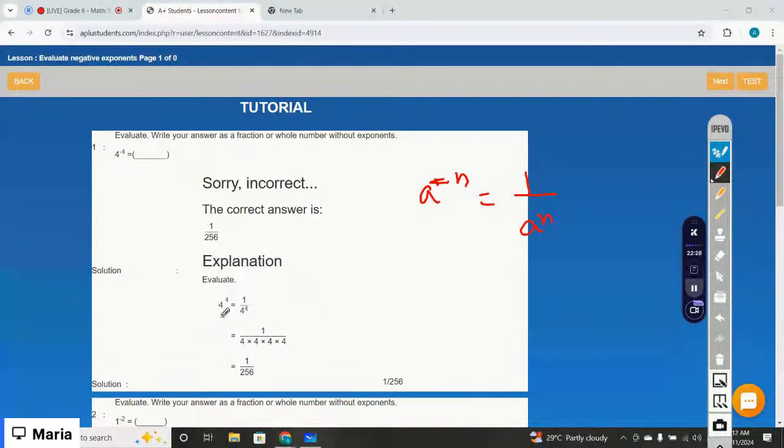Same way you can make this exponent positive by writing it in the denominator. It would be 1 divided by 4 exponent 4, right? So 4 exponent 4 means 4 times 4 times 4 times 4, which is 256. So the answer is 1 divided by 256. Got it?